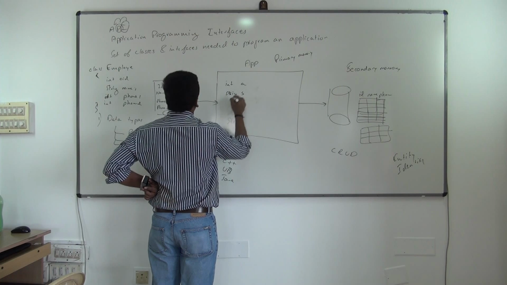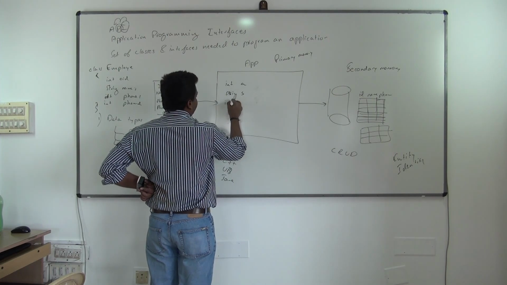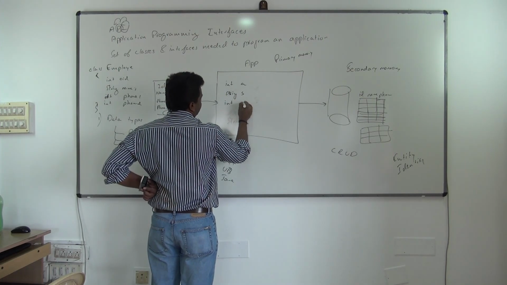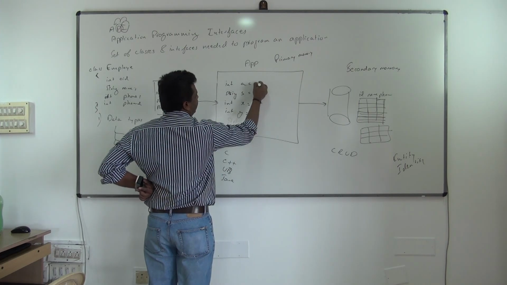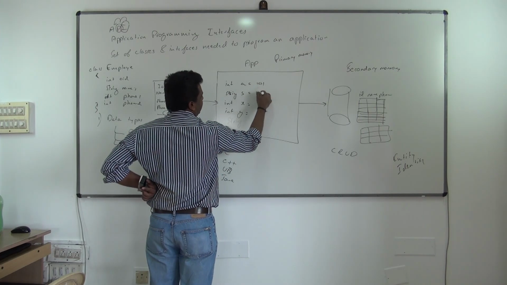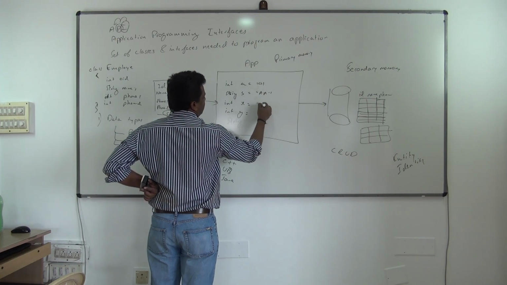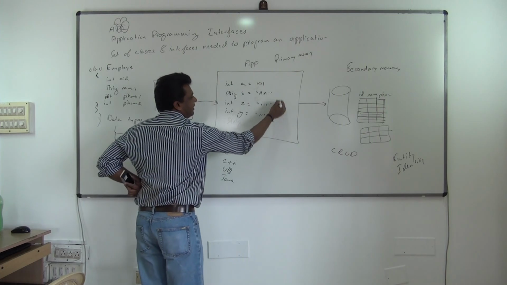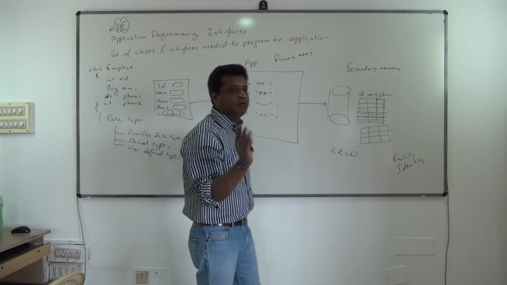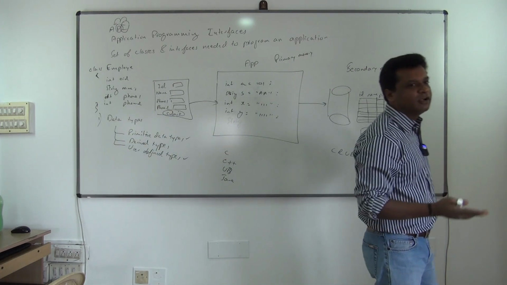String s, then int x, int y. So int a will store what? His ID 101, his name AA, then x will store his phone number 111, one more y will store the value something like this. So you have stored 4 values of an employee, but one more employee comes now.